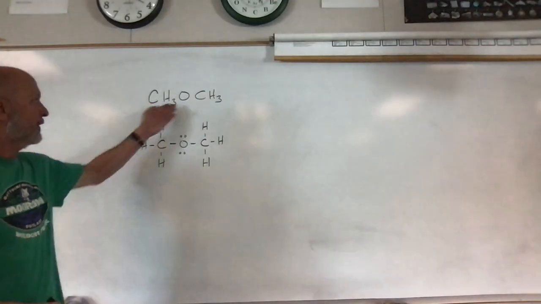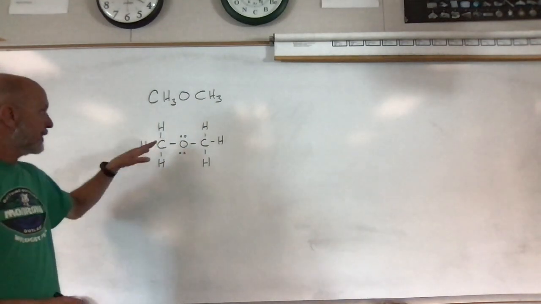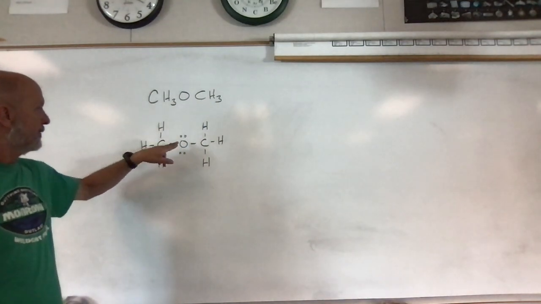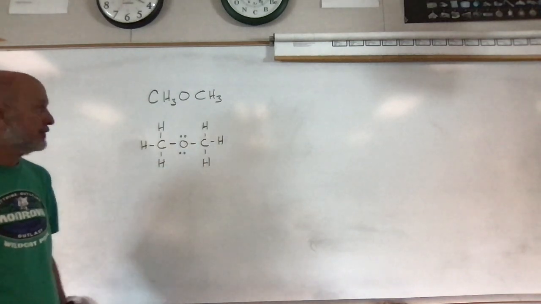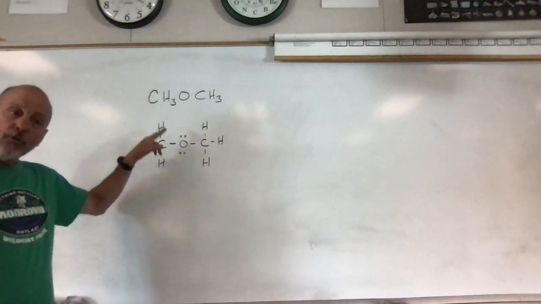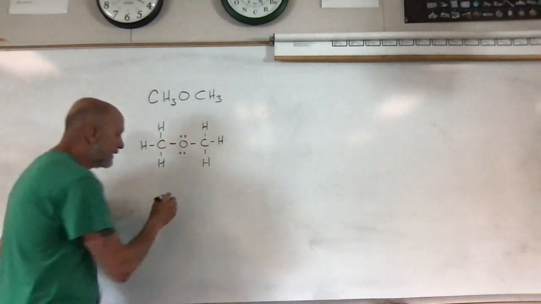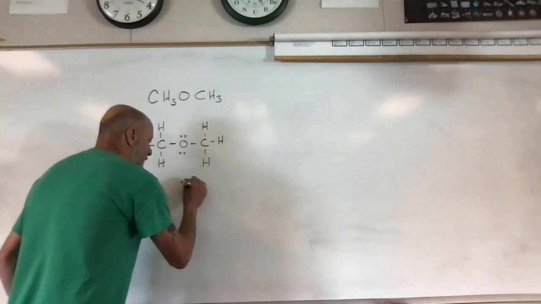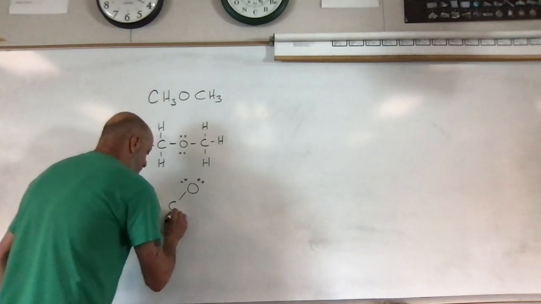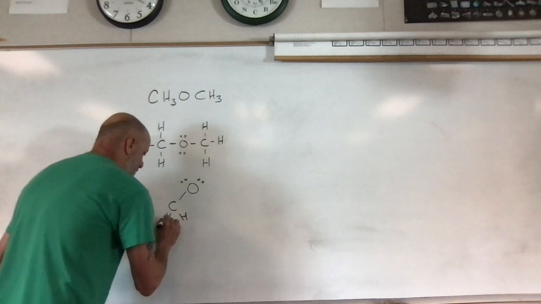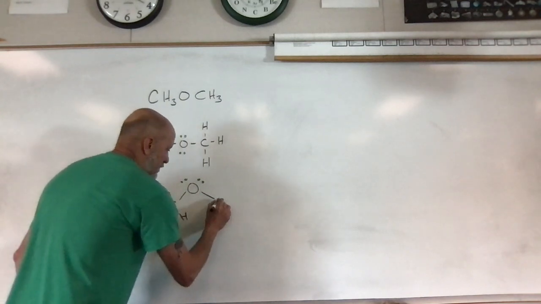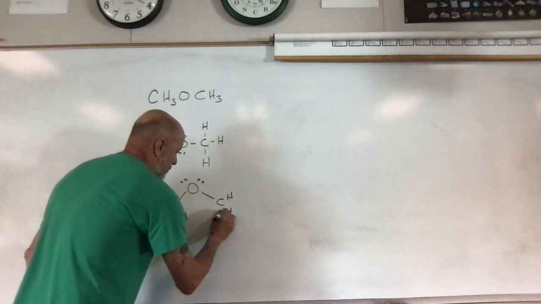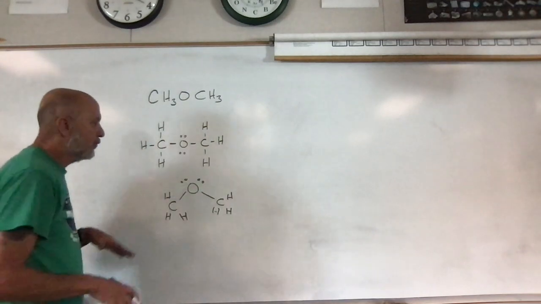If we look at this molecule, it's called dimethyl ether, with an oxygen bonded in between the 2 carbons. I've got 4 domains around the oxygen. What does that do? That gives it a bent shape around the oxygen. And so what have I got?